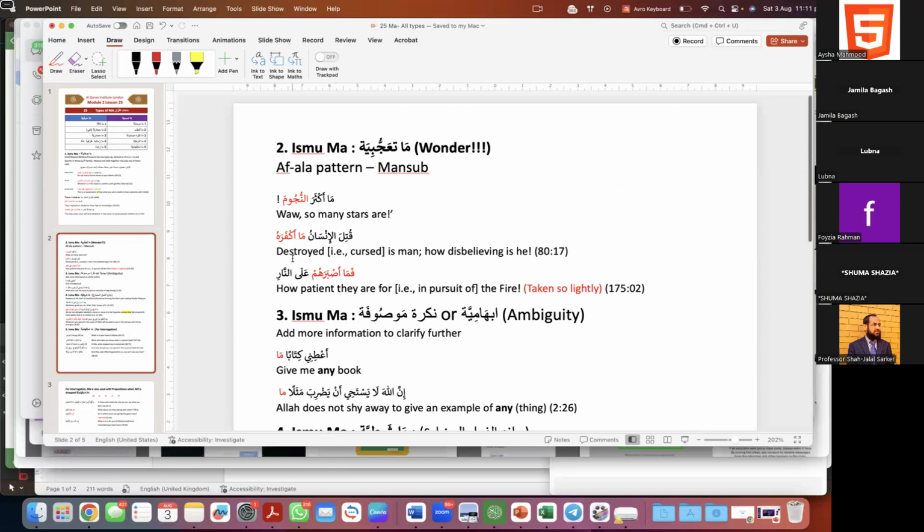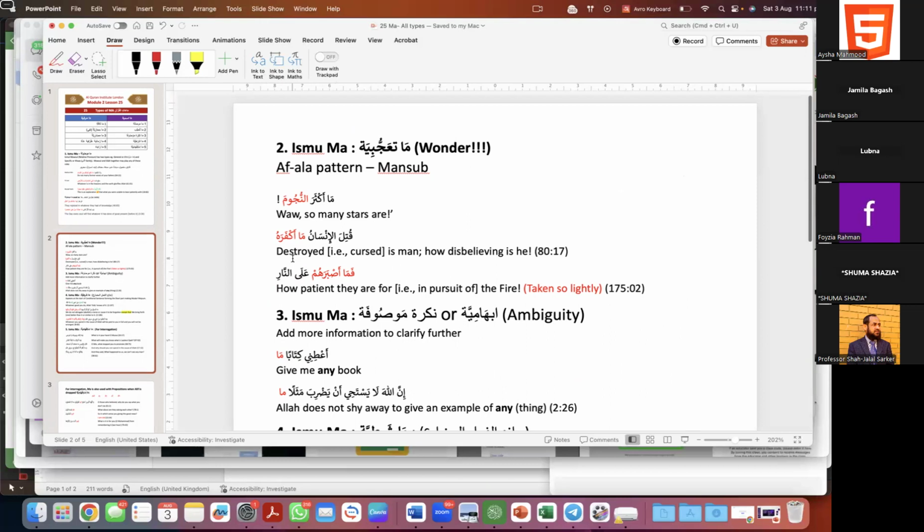Next one, Ismu Ma Ta'ajjub. It is nice, simple, but don't forget that. You remember Ismu Tafdil? Give me some examples. Akbar. Kabirun, Karimun.